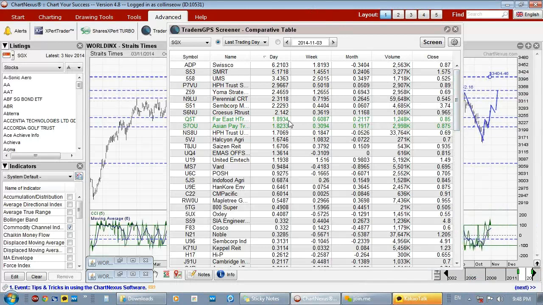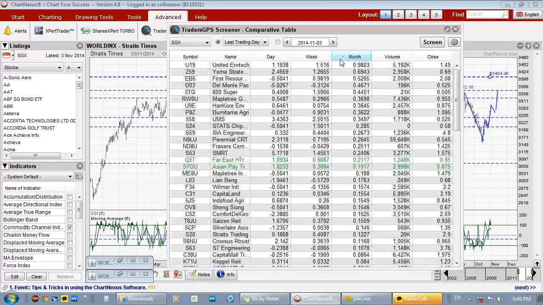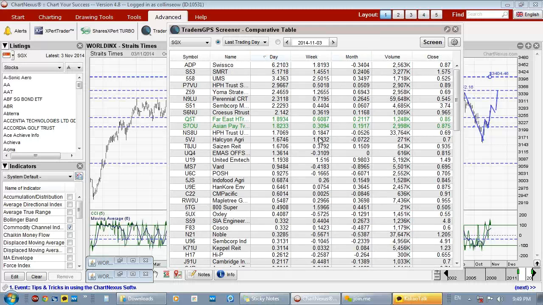The strongest rank according to day, rank according to week, and rank according to month. So let me just use rank according to day. Then we can see some of the stocks over here. All these stocks are ranked from the strongest according to the day to the weakest.